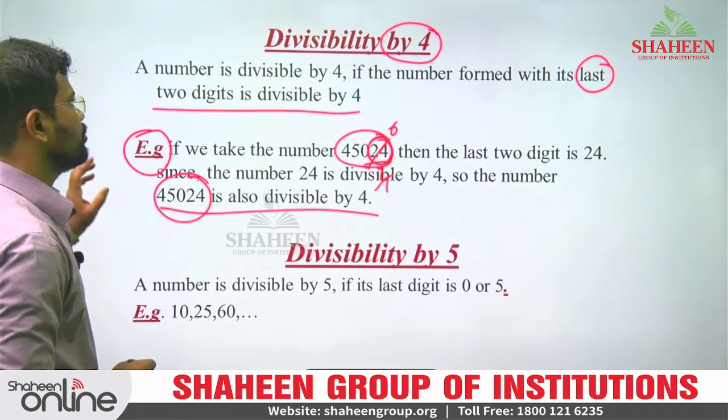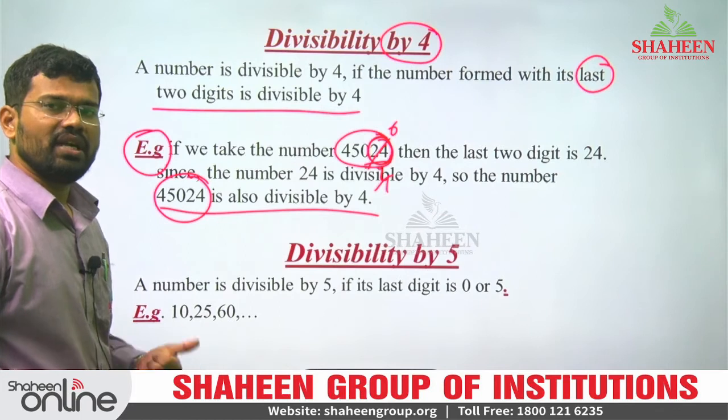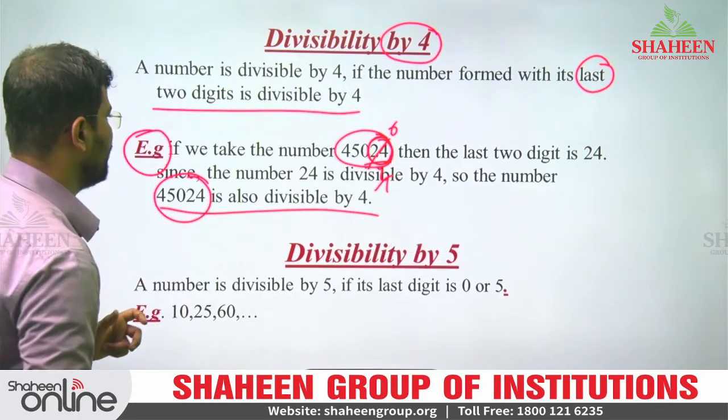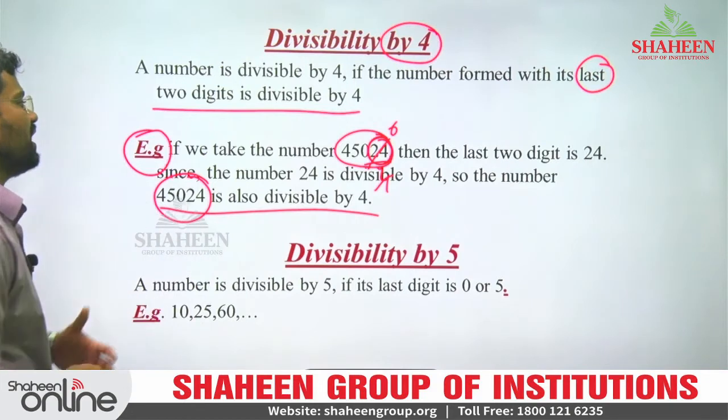Yes, friends, so here units and tens both. The last 2 digits of a given number, if divisible by 4, then the entire number is divisible by 4.